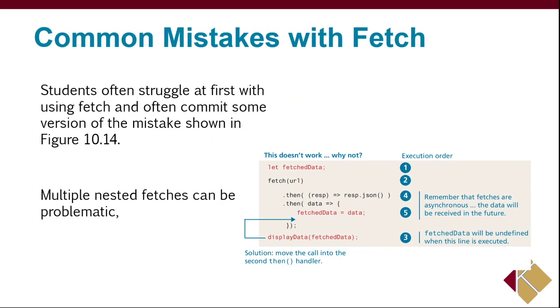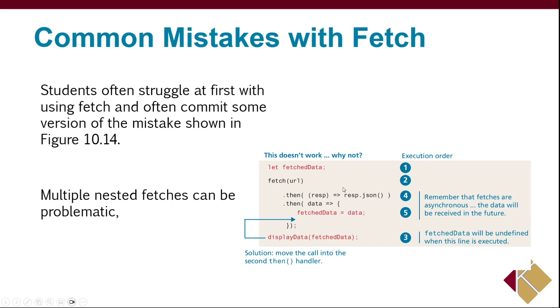All right, so what are some common mistakes with fetch? Something that is explained in our book is multiple nests in fetch. Multiple nests can be really, really problematic.